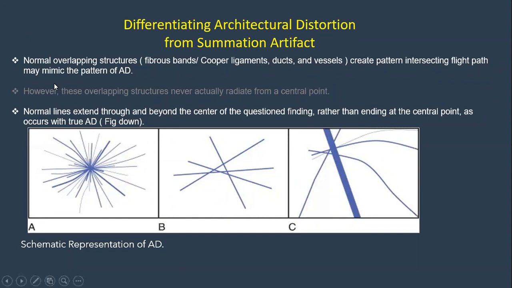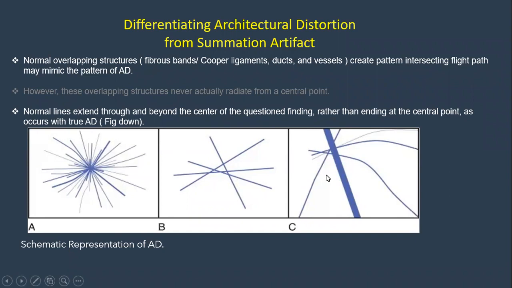Here, you see, normal structures like a fibrous band, which are the Cooper ligaments, ducts and vessels, can create intersecting lines that can mimic architectural distortion. However, these structures never actually radiate from a central point. They extend through and beyond the center of the questioned finding, rather than ending at the central point, passing through it, this coming aside and this also.